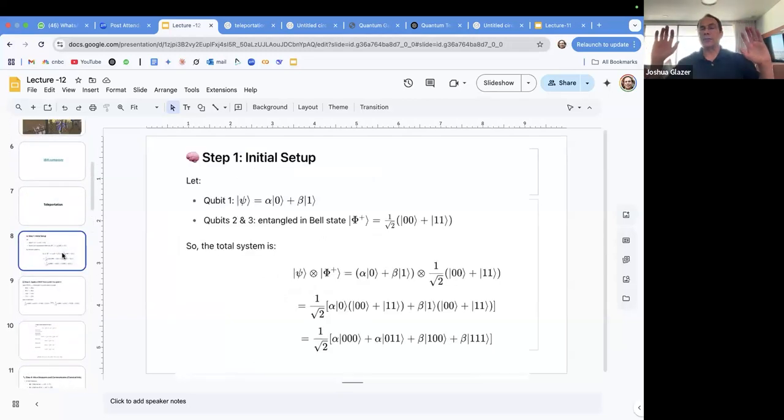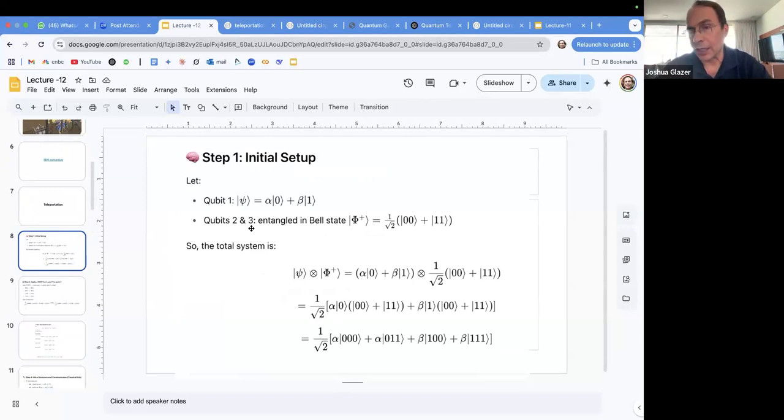Okay, so let's try to look at the mathematics of what we did. And as you can see, I just went to ChatGPT and told ChatGPT, give me the protocol of teleportation. And he said, okay, qubit 1, which is the green one to be delivered, is alpha 0 plus beta 1. So that's the general particle, the green particle that we talked about, that has to be transferred.